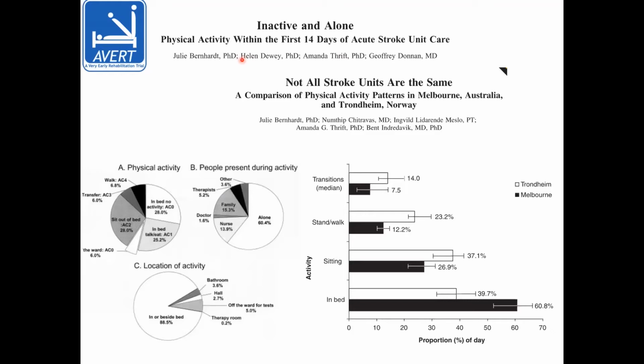To derive the clinical trial rationale for this prospective interventional trial, this group first conducted observational studies and reported that many stroke patients were inactive, and the activity level was not uniform between hospitals during acute stroke care.